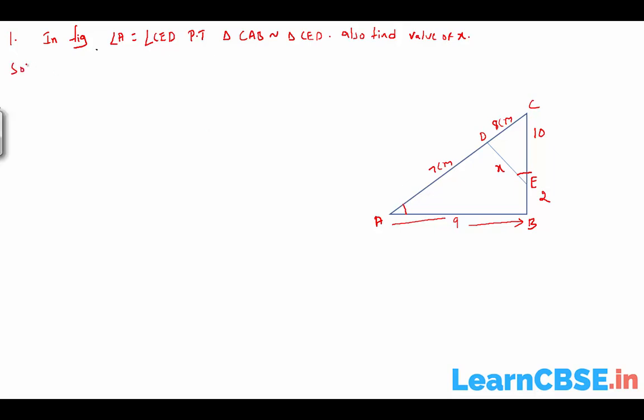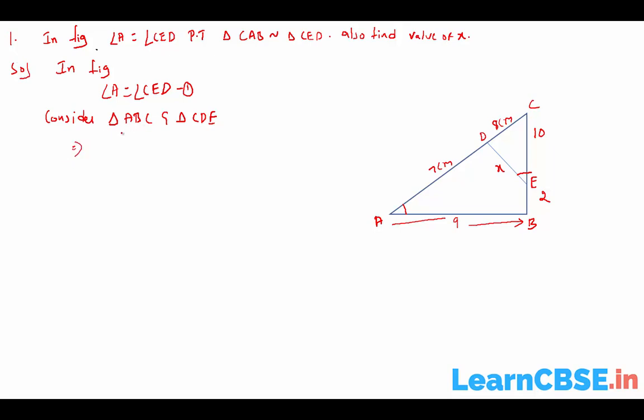Solution. In the figure, given that angle A equals to angle CED, let it be 1. Consider triangle ABC and triangle CDE now.